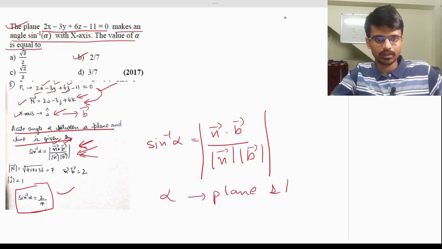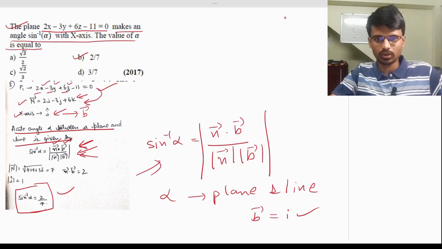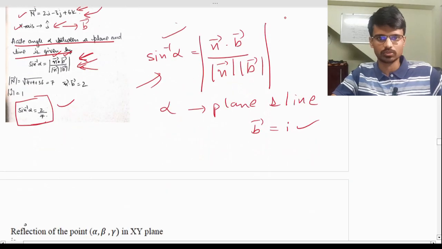Here our line is nothing but the x-axis. So for a vector parallel to the x-axis, I am taking b bar as i cap. That is the trick I have done. This is the trick that you need to apply. So i cap is a vector that is parallel to the x-axis. Everyone agrees? That is how we can solve this question. You need to know this formula, right? This is the standard formula that you get in your NCERT textbook.